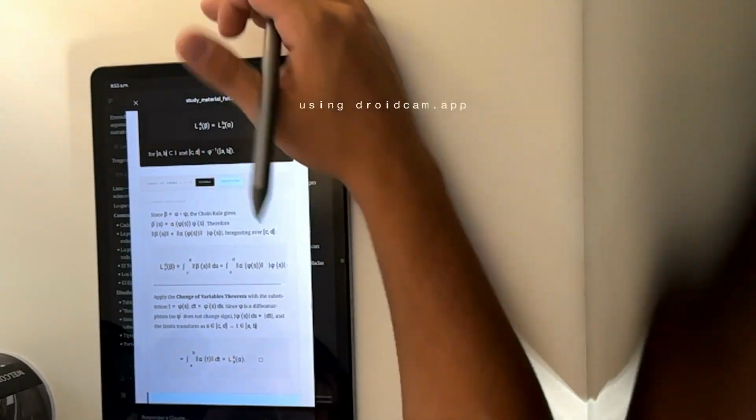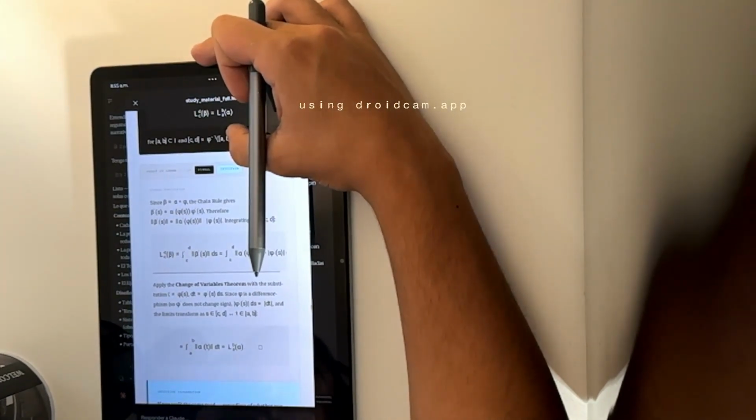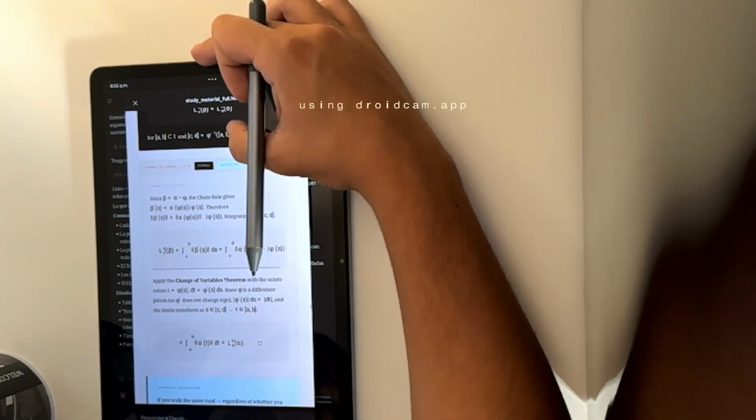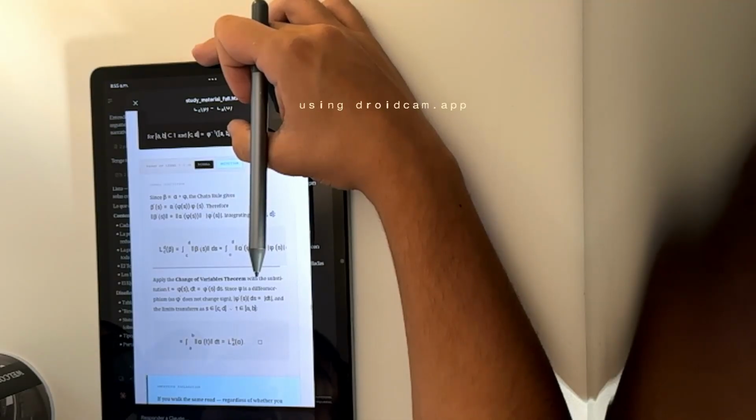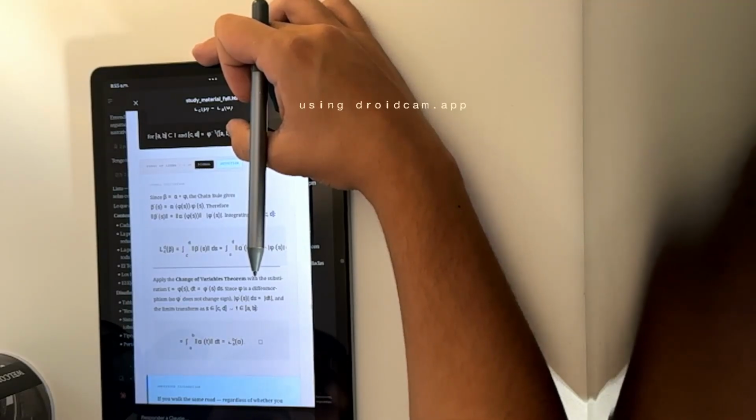Since beta equals alpha composed with phi, the chain rule gives beta prime of s equals alpha prime of phi of s times phi prime of s. Therefore, the norm of beta prime of s equals the norm of alpha prime of phi of s times the absolute value of phi prime of s.